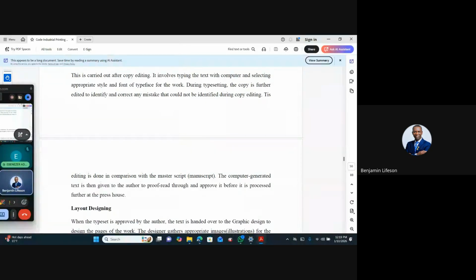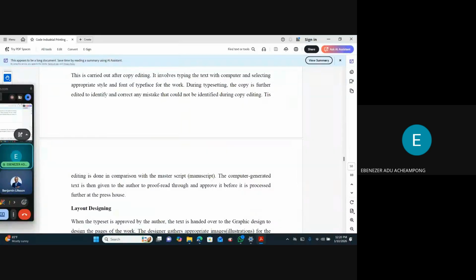Someone's hand is up, please. What is your question, please? Thank you, sir. Please, I want to know, during the typesetting stage, is there any interaction between the press and the author or the one that brought the manuscript? Because what I know is that choosing of the font style and the font type depends much on the targeted audience.